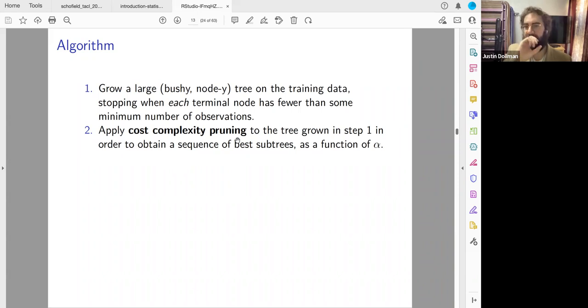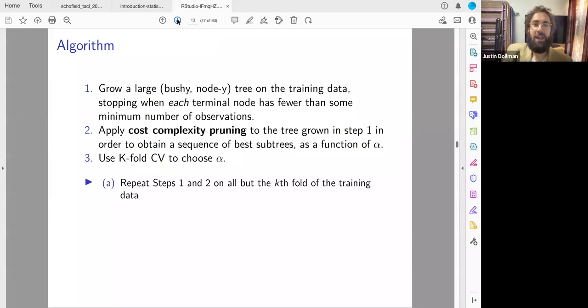Now here's an interesting thing about this algorithm: you set that aside. You have all your training data, you grow the big tree, and then you find a sequence of subtrees that corresponds to different levels of alpha. But then you set it to the side, and you use k-fold cross-validation.